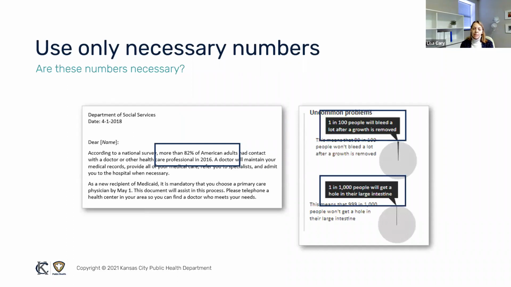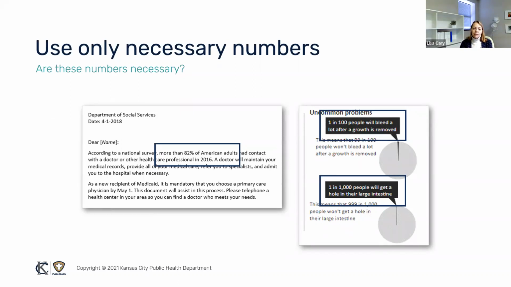Let's look at another example. These are graphs from an informed consent form that illustrate how many people bleed or get a hole in their intestine when they have this procedure that this consent is for. So put yourself in the place of someone who's about to get surgery or is considering surgery, and you're looking at a consent form. Would you say that you would want to know these numbers?